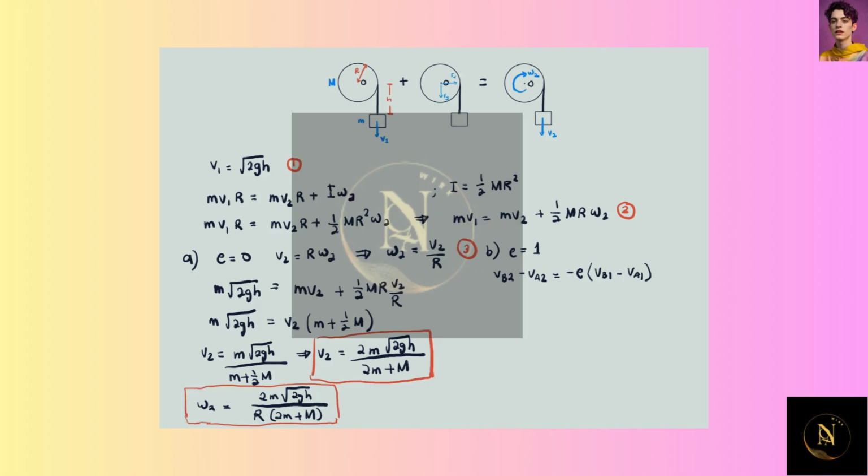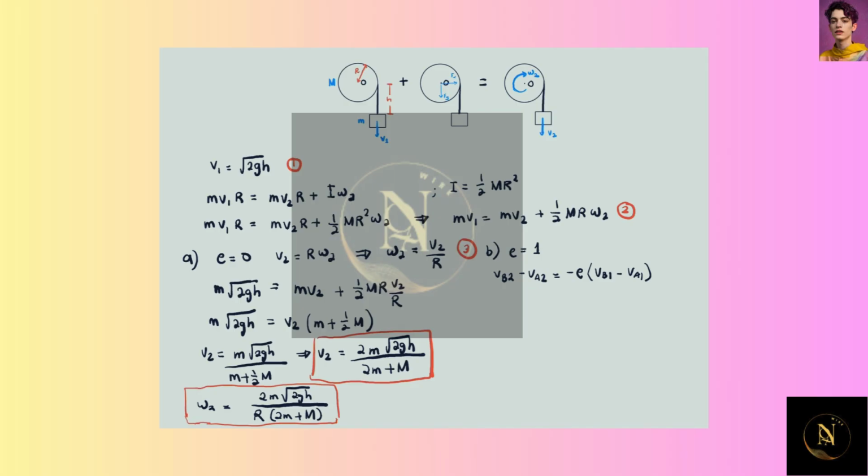So VA1 and VB1 are the velocities of the block and disk respectively before impact. And VA2 and VB2 are the velocities of the block and the disk respectively after the impact.